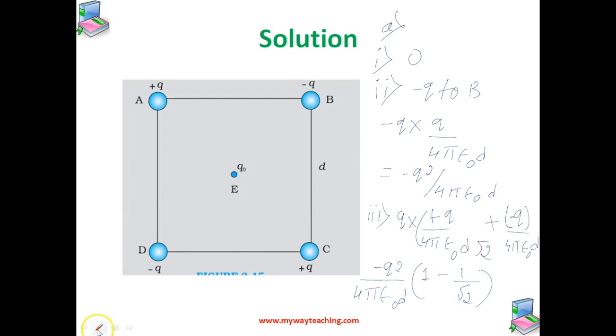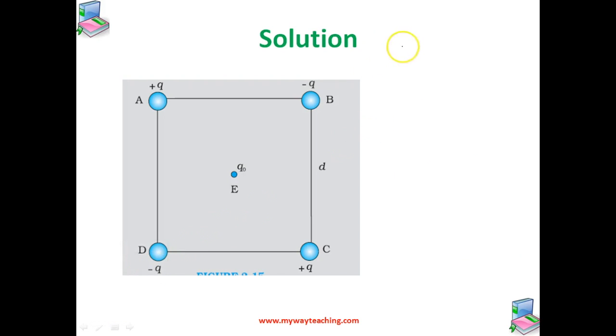And if you consider the fourth part now, in bringing charge minus Q at D, now the charge plus Q is at A, minus Q is at B and plus Q is at C, isn't it? So the charge at D into potential due to charge at A is given by Q by 4 pi epsilon naught into D, isn't it?